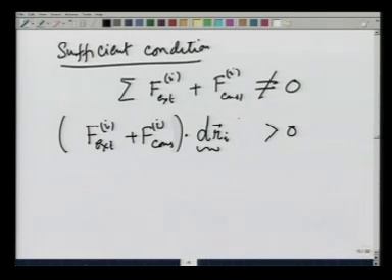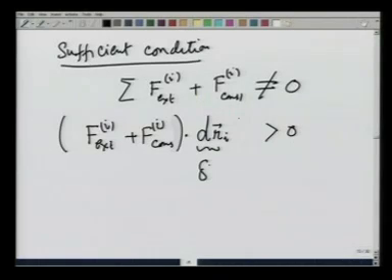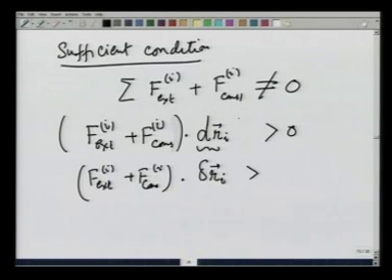It is greater than 0 because the force would make the particle move in the same direction as the net force. Now, in virtual work I can imagine the system being displaced virtually by delta Ri. So, F external i plus F constraint i dot delta Ri will also be greater than 0 for each particle. If this is greater than 0 for each particle, the summation over i would also be greater than 0.